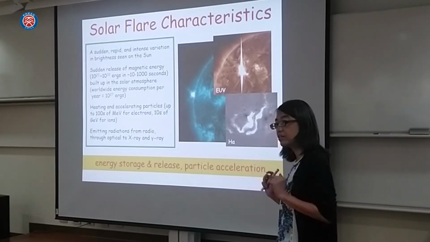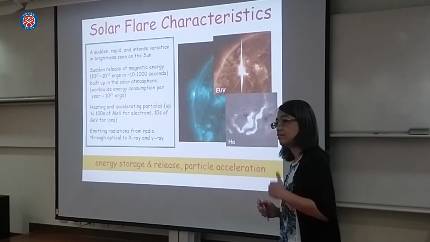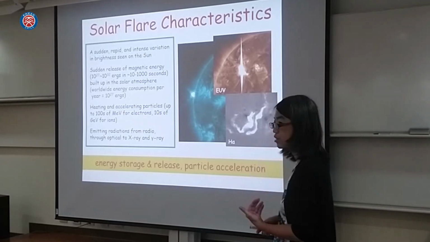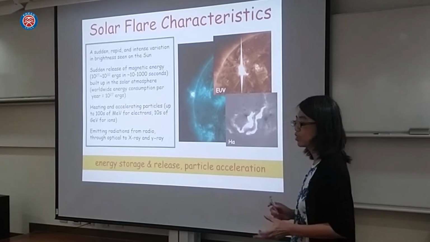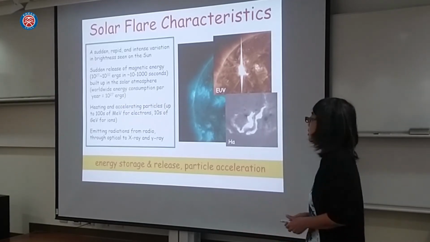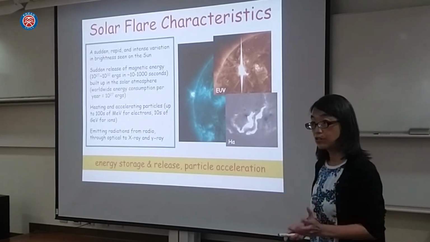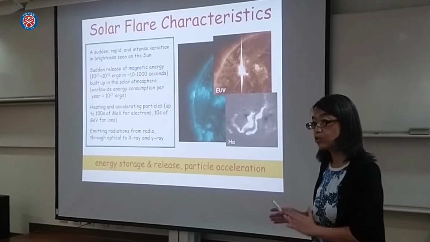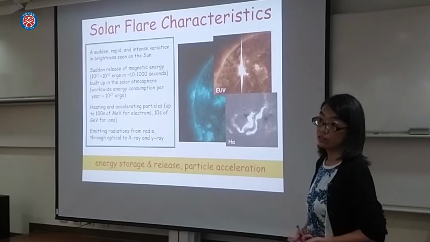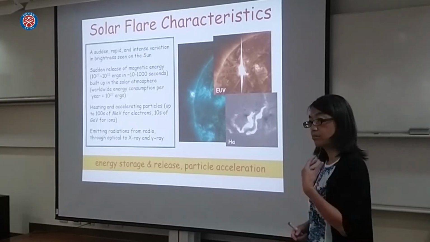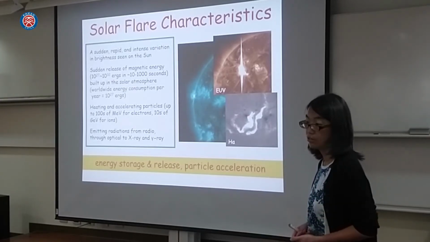This brightening indicates the sudden release of magnetic energy in a very short time, maybe within a few minutes. This released magnetic energy is then converted into particle kinetic energy and thermal energy, resulting in plasma heating and also particle acceleration.